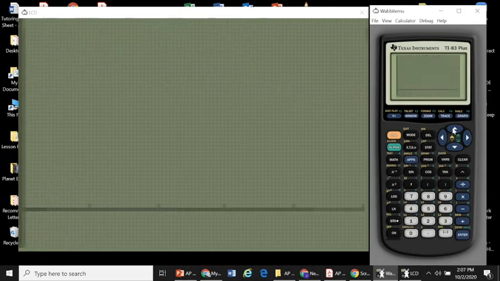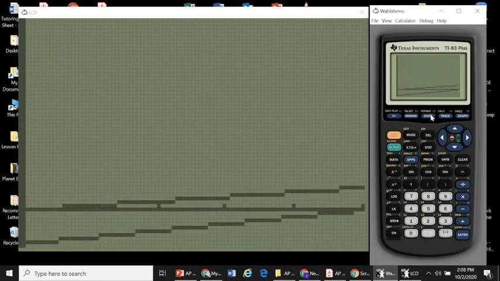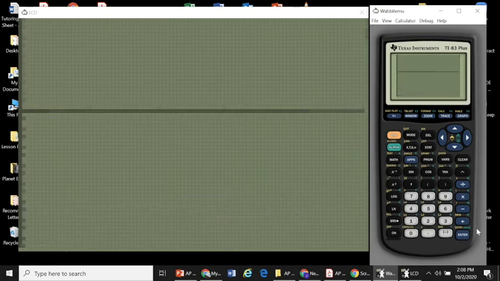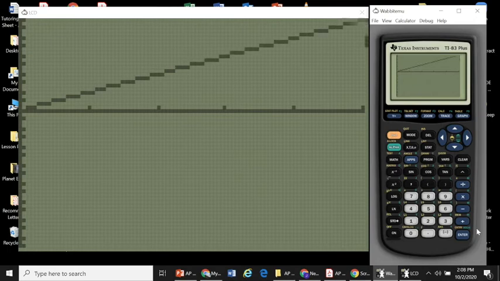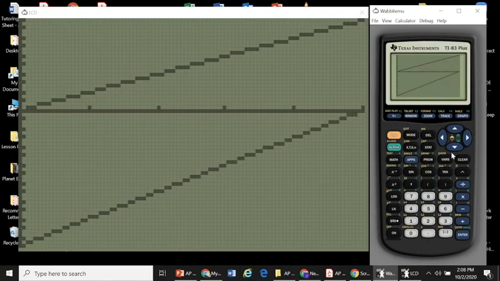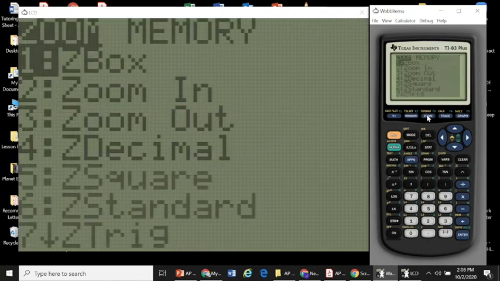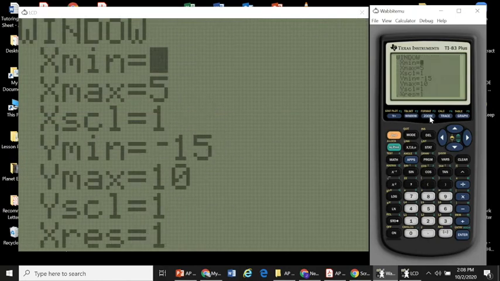And when we plot them and we zoom fit this graph, oh, it didn't do it enough. We got to zoom out a little. Let me just go to the window.